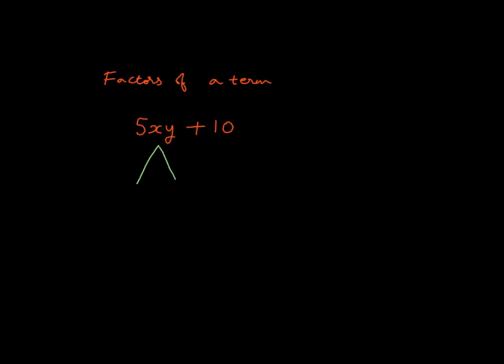Like this 5xy is made by multiplication of 5x and y. So I will say 5x and y are the factors of first term. In the same way, this number 10 can be written in its prime factors as 2 into 5.